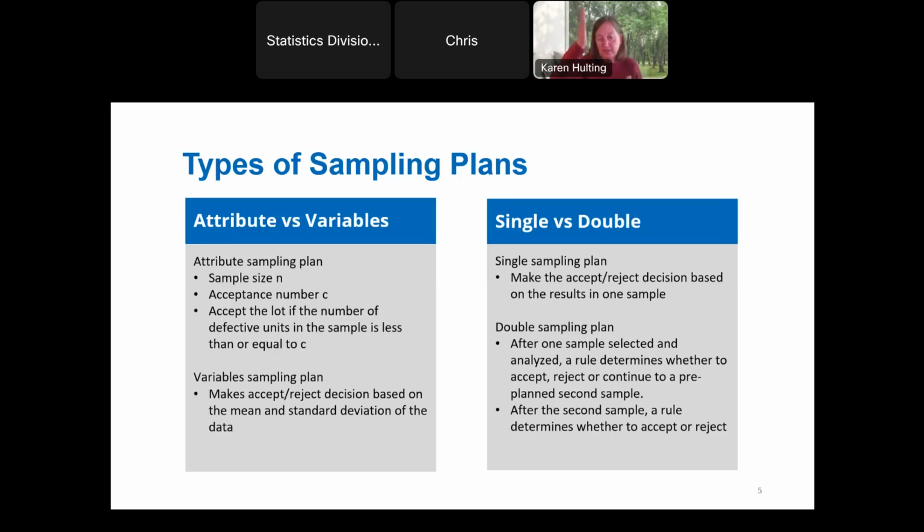Sometimes, in a single sampling plan, you just have to draw a line and say pass or fail. In a double sampling plan, you can have really good levels of quality where you pass, really bad levels of quality where you fail, just based on the first sample. And in the middle, you have this possibility of taking a second sample to make a more precise decision.